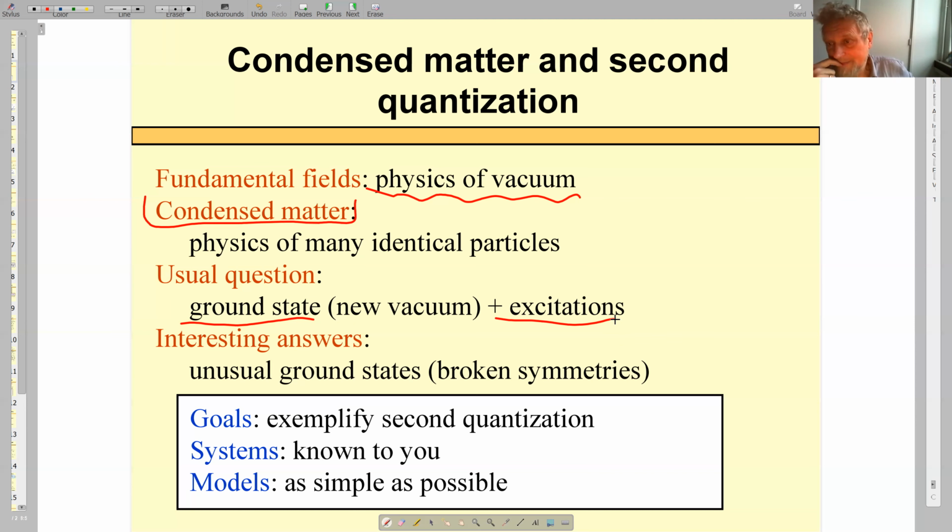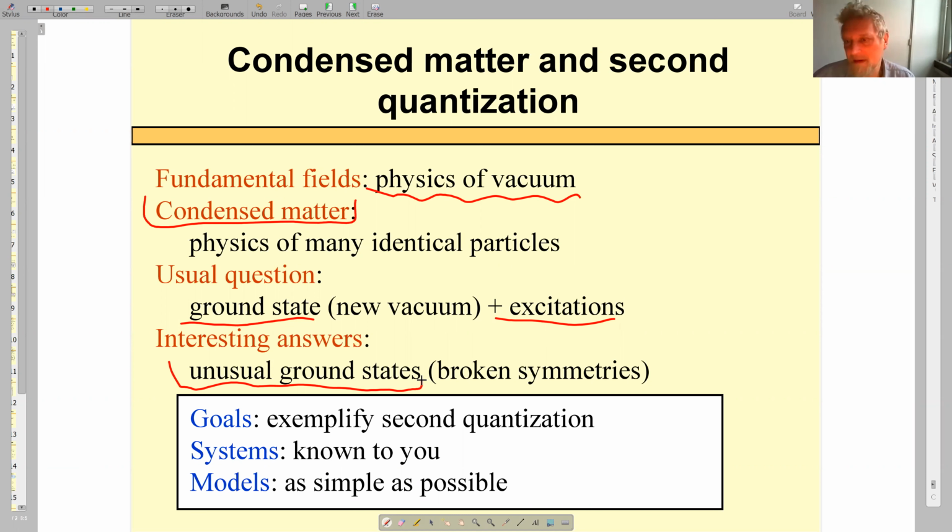One of the easiest ways to get interesting stuff is to concentrate on unusual vacuum, unusual ground states, which come about from a broken symmetry, right?